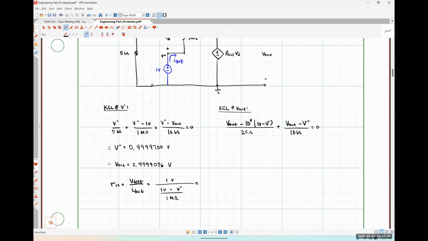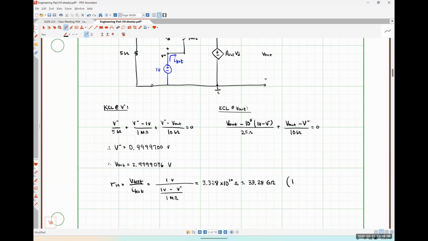And plugging in my value for V minus, I got 3.328 times 10 to the 10 ohms, or 33.28 giga ohms.